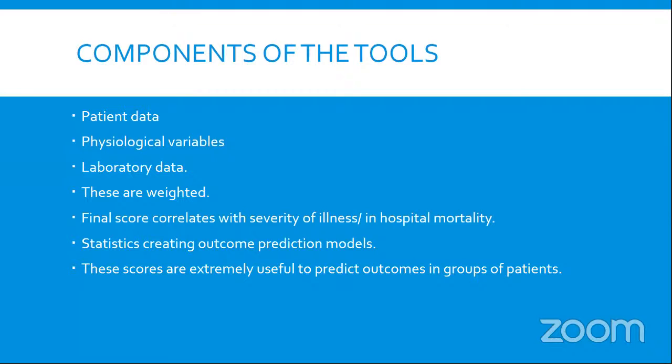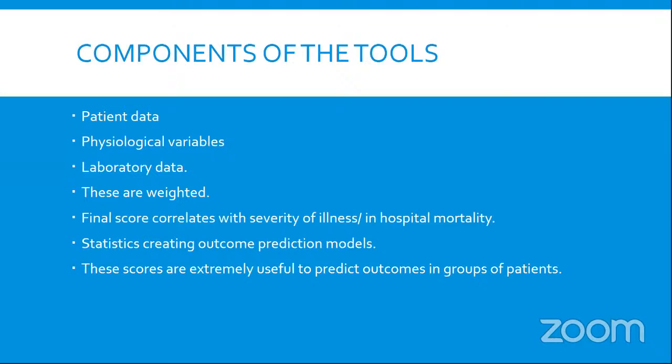When you assign a weight, a point, to these variables, for example if the mean pressure is 60 or less than 60, I attach a weight of 5 or 3 or 2. And for the laboratory data, you attach a weight, a point, to each. The final scores are collated, and the final score relates to the degree of severity.